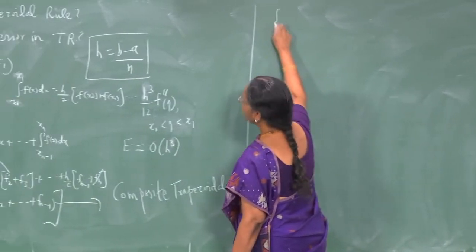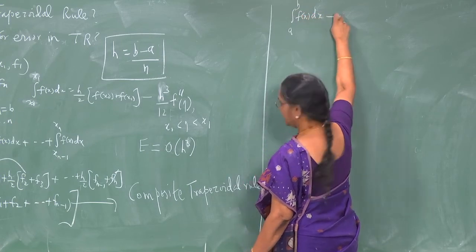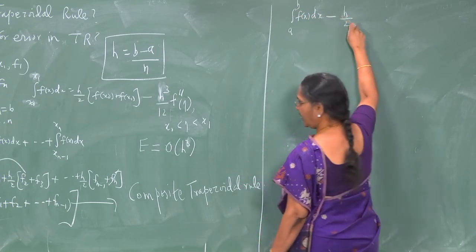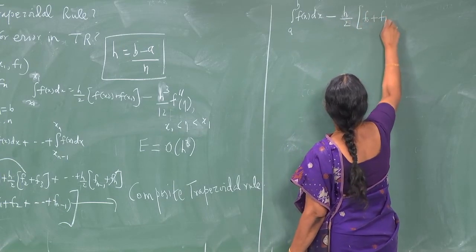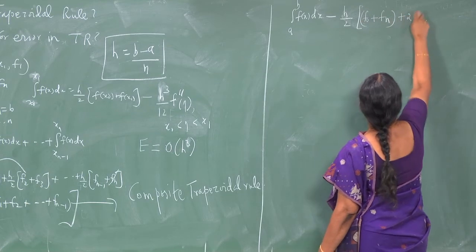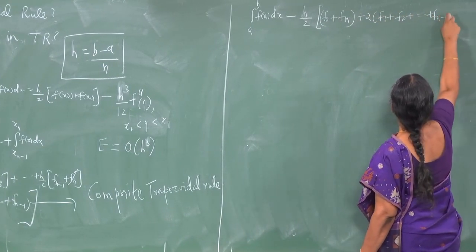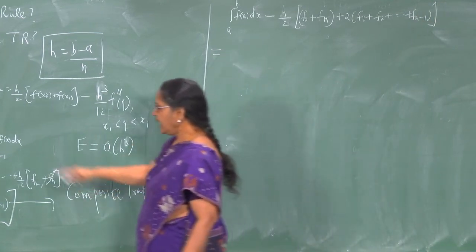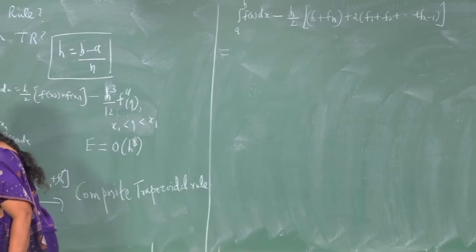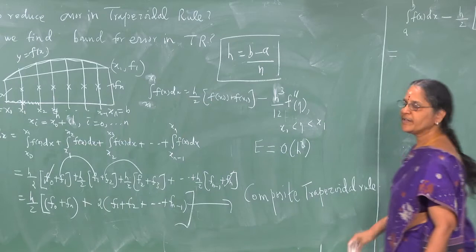So, integral a to b f of x dx minus the trapezoidal rule h by 2 into f naught plus fn plus 2 times f1 plus f2 plus etc. plus fn minus 1 will be equal to the error that is incurred in evaluating the first integral between x naught and x1.